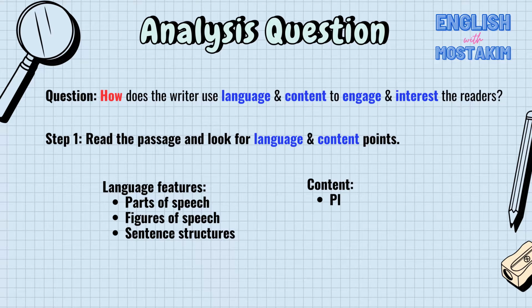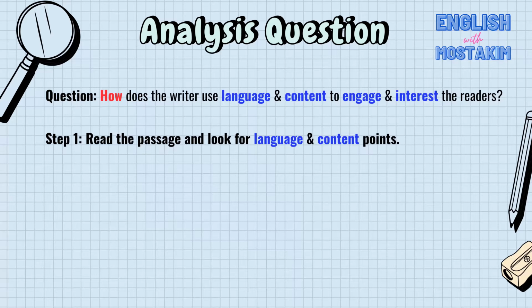Then, content points refer to the main ideas or key elements that are covered in a text. They provide a structural framework and outline the important information or arguments presented. This can be a lot of things, ranging from plot structure to basic information to the tone of the writing.